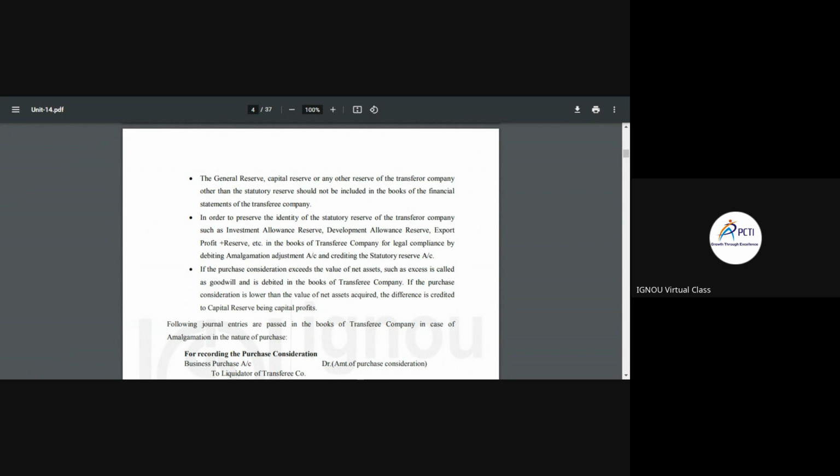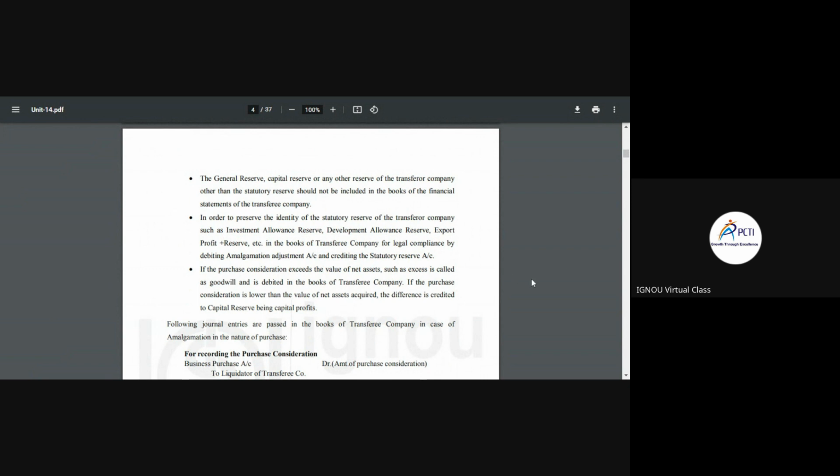If the purchase consideration exceeds the value of net assets, such excess is called goodwill and is debited in the books of the transferee company. If the purchase consideration is lower than the value of net assets acquired, the difference is credited to capital reserve, being capital profit.